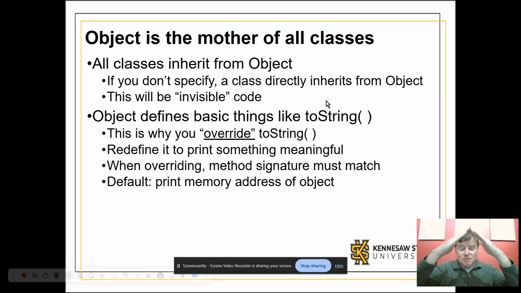You have object at the top, you have mammal underneath it, and then you have dog underneath that. Object had a definition for toString, which was to print out the stupid thing with the memory address. Mammal overrode that and said, no, no, no, no, we're going to print out "I'm a mammal and my IQ is blah." The dog inherited the mammal's version of it because it's a child of mammal, which is pretty cool.